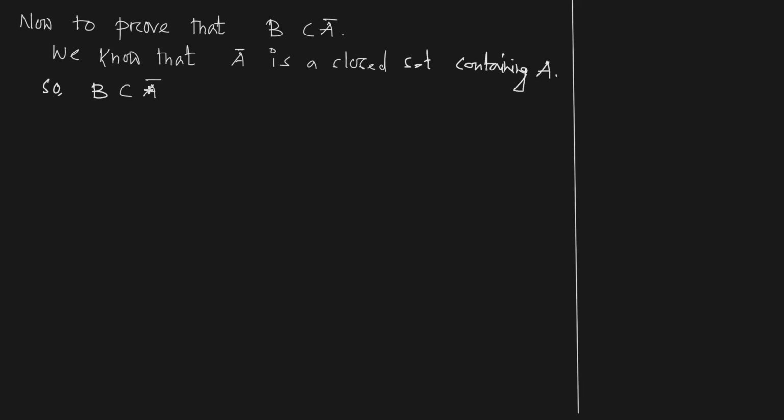Clear? Because A bar is the smallest closed set containing A, so B must be contained in A bar.